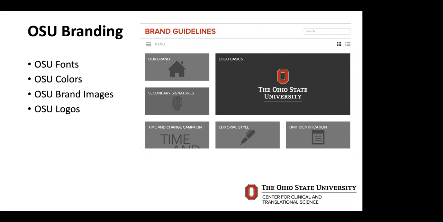Because by using Ohio State's logos or their brands or their colors, you borrow from the cachet that Ohio State has, and you add some more legitimacy to the marketing that you're trying to build. So if you can imagine this PowerPoint presentation without this little Ohio State University Center for Clinical and Translational Science logo at the bottom right, if you didn't know, you'd be like, oh, I don't know if this is legitimate or not, but with that logo, it's a little more trustworthy.